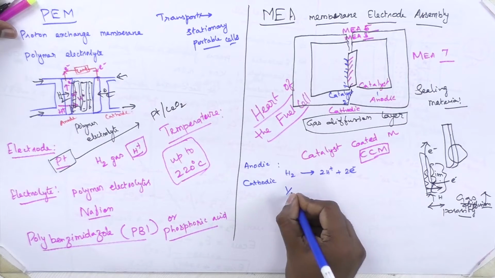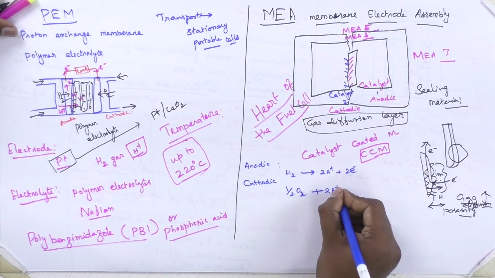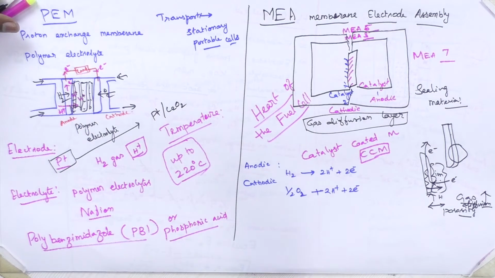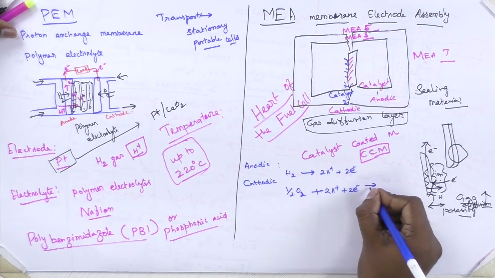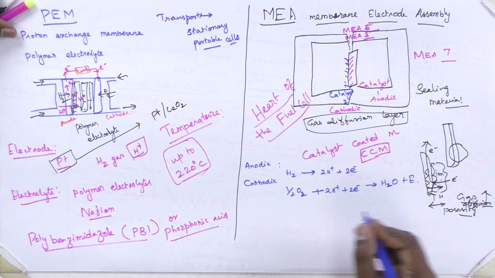In the cathodic reaction itself, simultaneous reduction is happening. So O2 plus 2H plus and 2 electrons gives water. These 2 electrons are coming from the anodic side. So we are getting that reduction happening, and we are getting the final product of water plus energy.